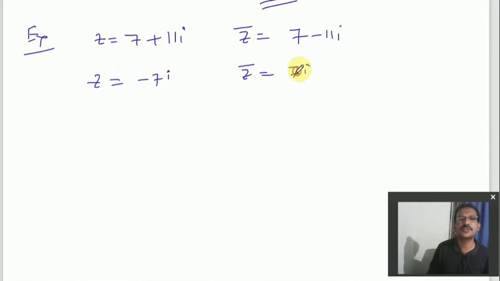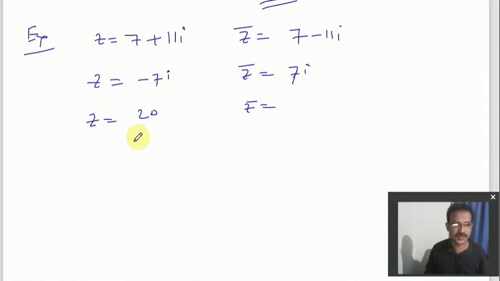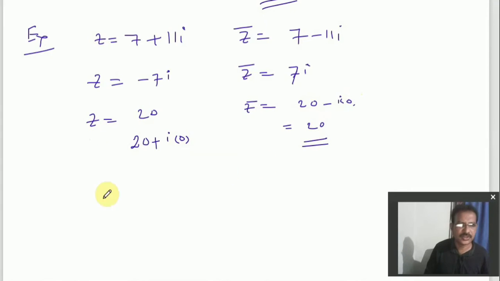Suppose z is equal to 20. You have to write it in the form a plus ib, so 20 plus i into 0. Then z bar is a minus ib, that means 20 minus i into 0, which is 20. If it is purely real, then its z bar is the same.